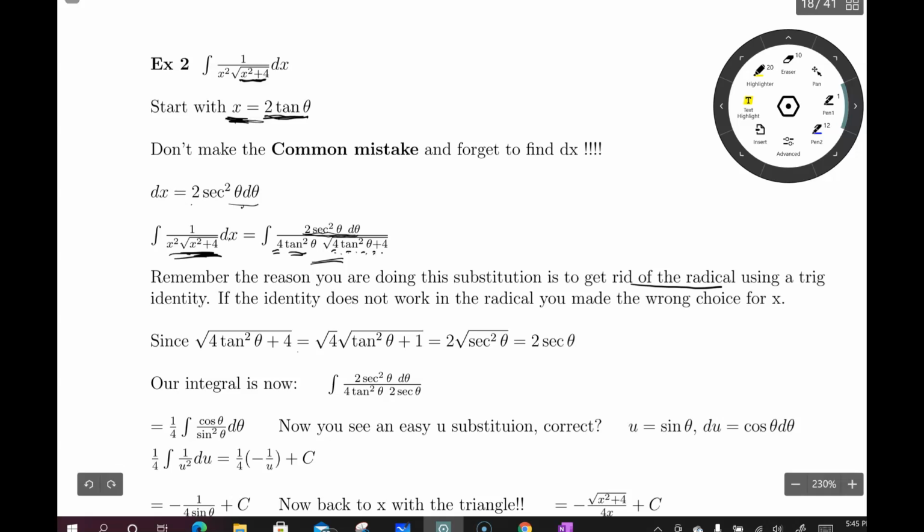I could factor the 4 out, and the root 4, I should say, and that gives me tangent squared theta plus 1, and that's the same as secant squared under the radical, so that gives me secant. So this radical turns into 2 secant theta.